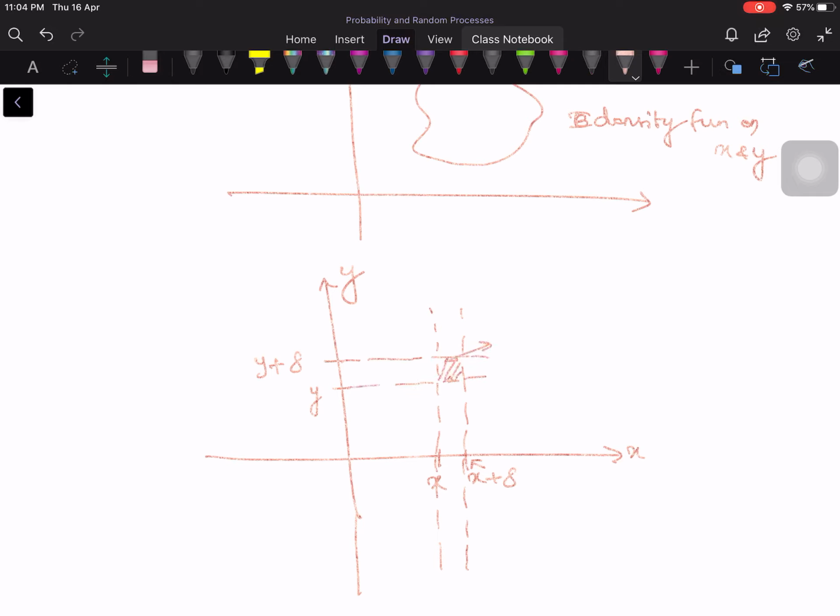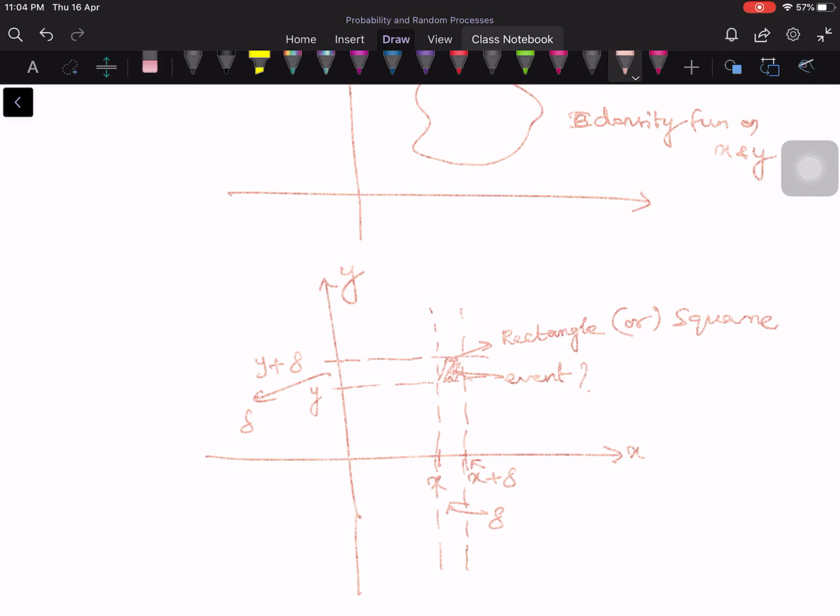This area I could call a rectangle. But because here the width is delta and here also the width is delta, let me call it a square. So what is this event?